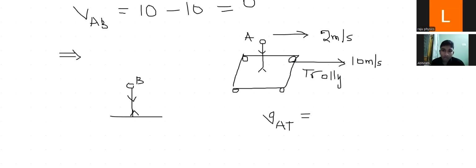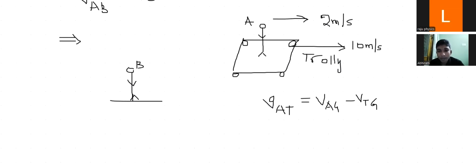So what is the formula? VAG minus VTG. So here we know the velocity of A with respect to the trolley.